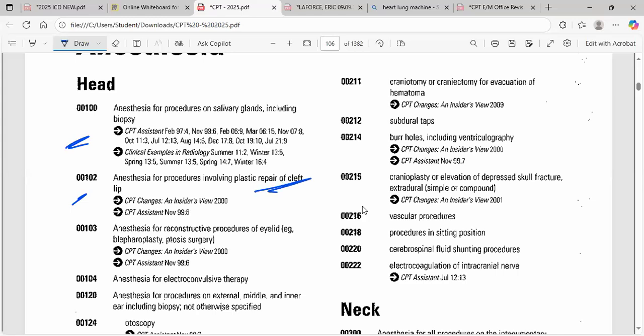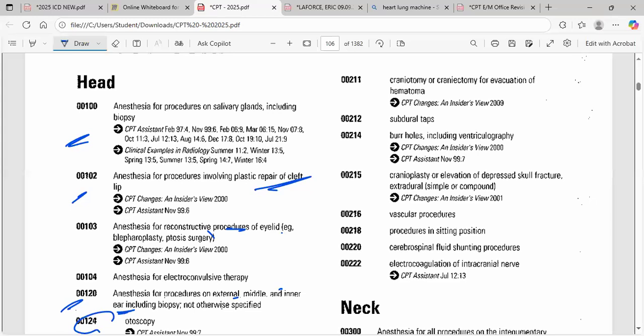We use 00103 for reconstructive procedures on the eyelid, such as blepharoplasty or ptosis repair. Then we have 00104 for electroconvulsive therapy, ECT. Then 00120 for the ear, middle, inner, and external ear, and 00124 when it is for otoscopy.